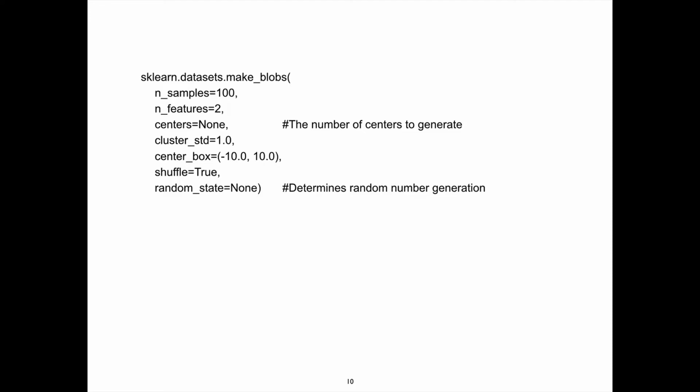And this is all the parameters we have for making blobs. Scikit Learn has a number of functions you can call to generate fake data, so you can try it out.